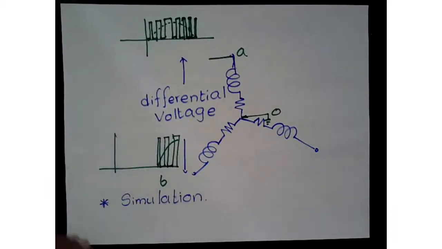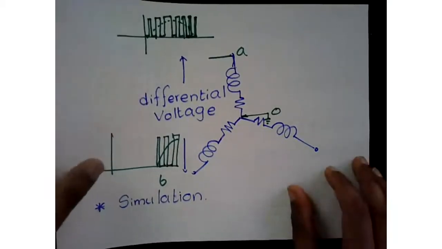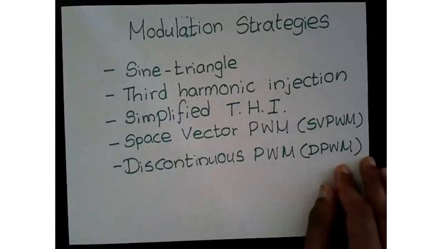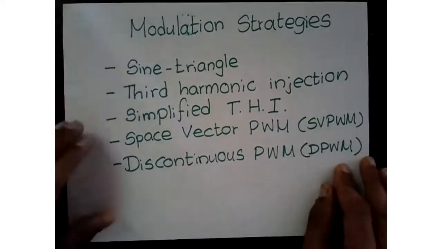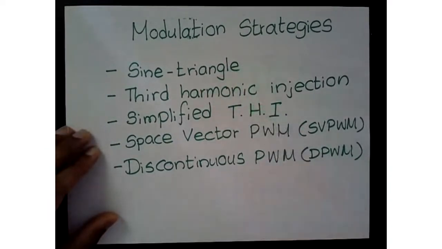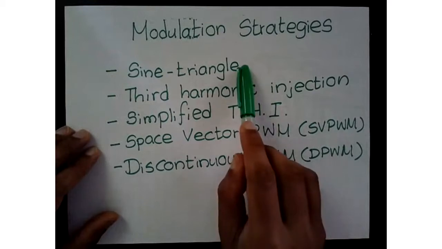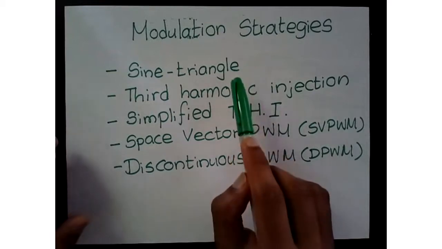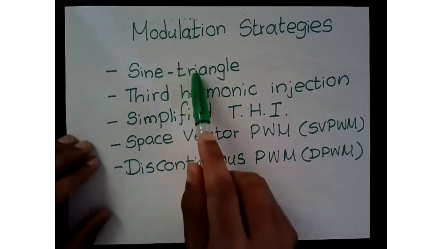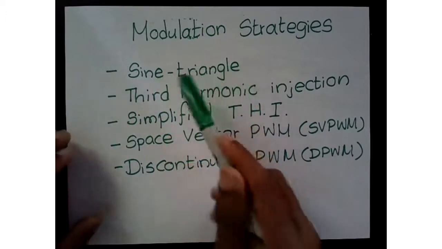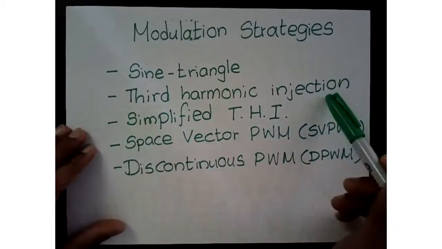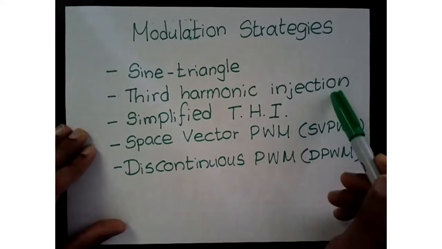So before we move on to my simulation example here, let's look at the different modulation strategies that we have. We have sine triangle modulation, which we will look at today, which is basically three sinusoids that are compared to a triangular waveform, which results in the PWM signal. We have a third harmonic injection scheme, which has benefits.